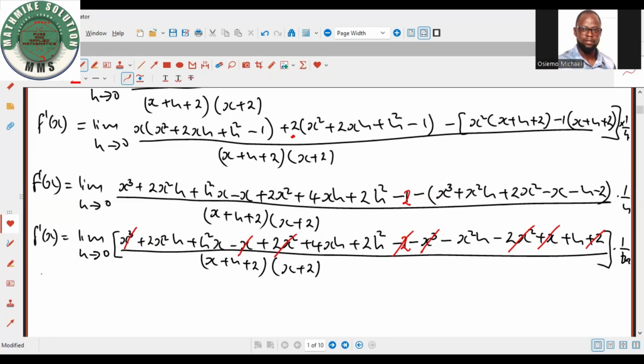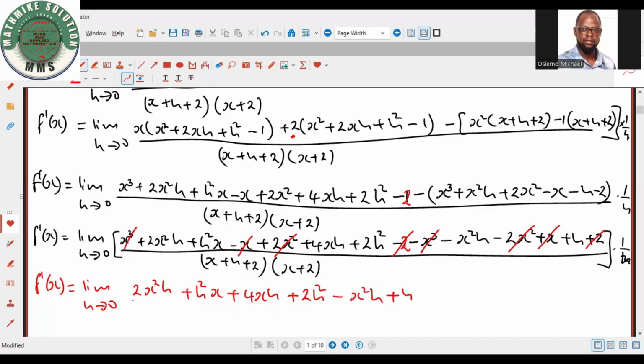So we're going to remain with f prime at x being equal to limit as h tends to 0 of 2x squared h plus h squared x plus 4xh plus 2h squared minus x squared h, then plus h.